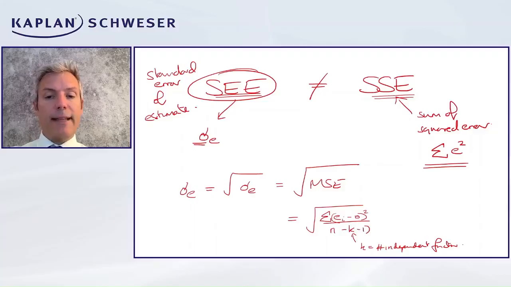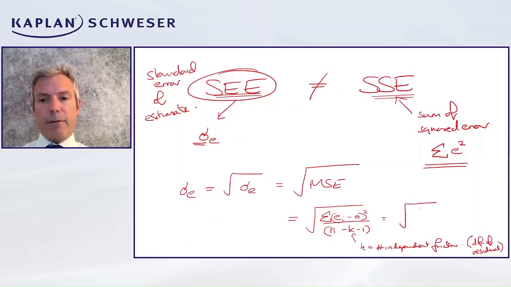We've already said that is the degrees of freedom of the residual in the ANOVA table. So that's nothing new there. It looks ugly, but there's nothing new. By the way, I can drop the 0 and write this as the square root of the sum of the squared errors divided by the degrees of freedom of the residual, which when k is 1, there's only one x term, you get n minus 2. All right, and look at that.